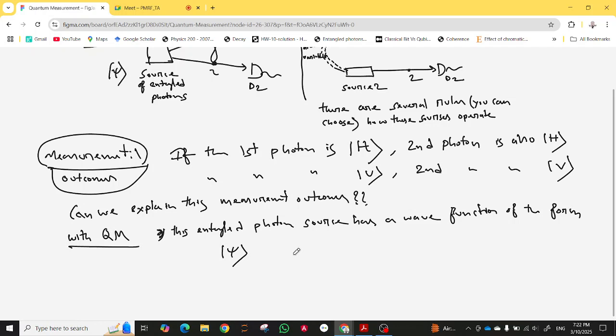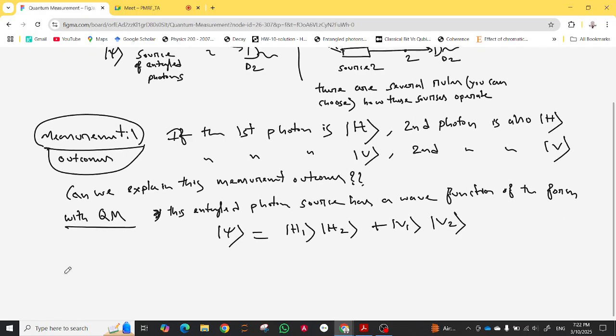The first photon is horizontal; if the first is horizontal, the second is also horizontal. And if the first is vertical, the second one is also vertical. If you write the state of the source like this, then quantum mechanically you can explain the measurement outcomes. So this will explain the outcomes.